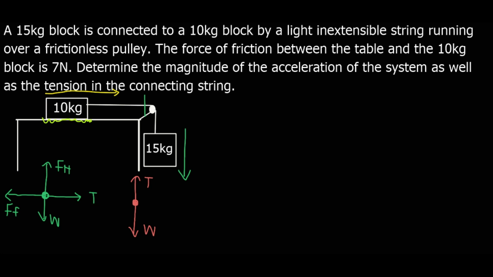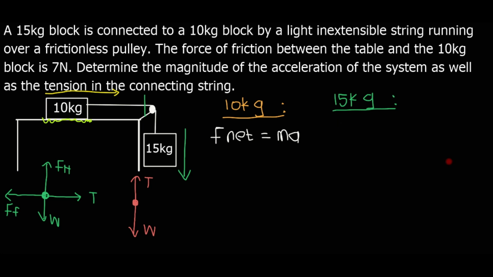So now let's find the F net for the 10 kg block. F net equals ma, and we'll do the same for this 15 kg block. So now for this object, the 10 kg block, it moves in this direction.